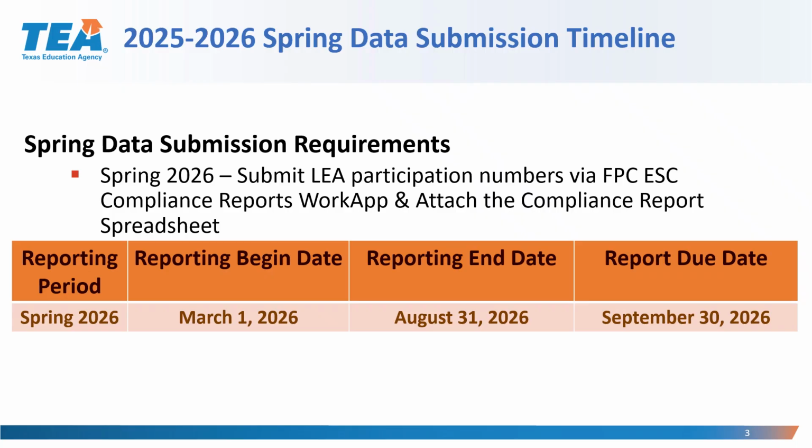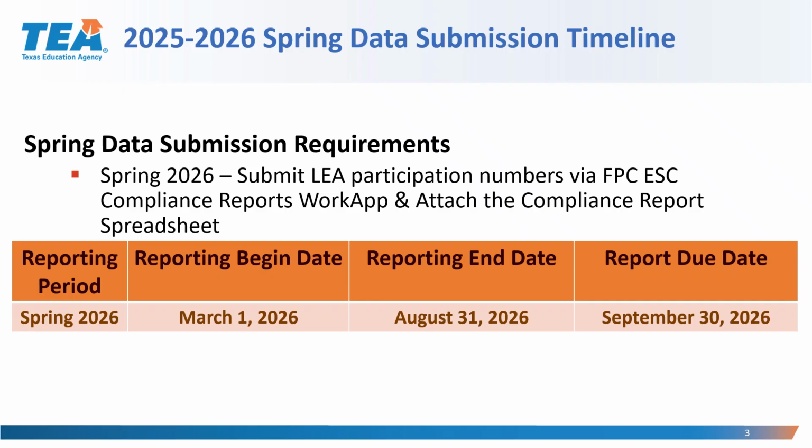For the spring reporting period, which spans from activities and services provided between March 1st and August 31st, ESCs are required to submit their compliance report data per program via the FPC ESC Compliance Report WorkApp by September 30th.